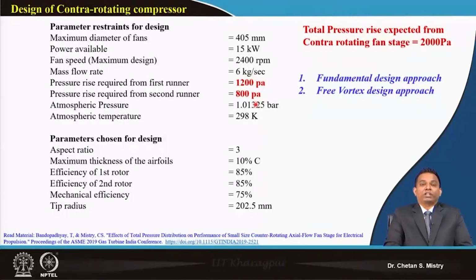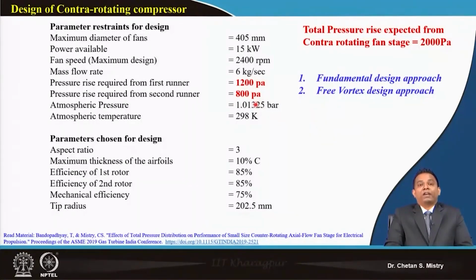Now, the question is, 2000 can be divided into an 800, 1200 combination, maybe into a 1000 combination, a 1100, 900 configuration, or 1200, 800 combinations. Yes, there are many possibilities. Later on we developed our contra rotating fan for one of the UAV applications, called Project Aerawat, and for that we designed an electrical propulsion system based on the contra rotating concept.